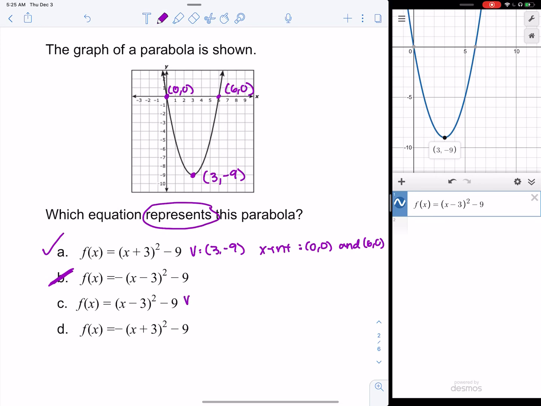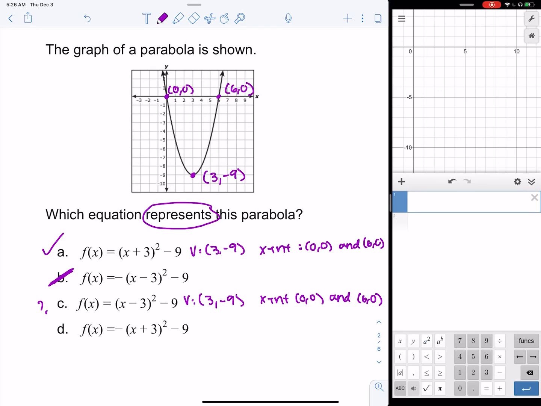So our vertex is (3, -9), and our two x-intercepts are (0, 0) and (6, 0). So let me put a question mark because those are the same too. Let's try D real quick because maybe I just made another mistake. We're going to try A in a second again because I really do think I made a mistake typing it in.